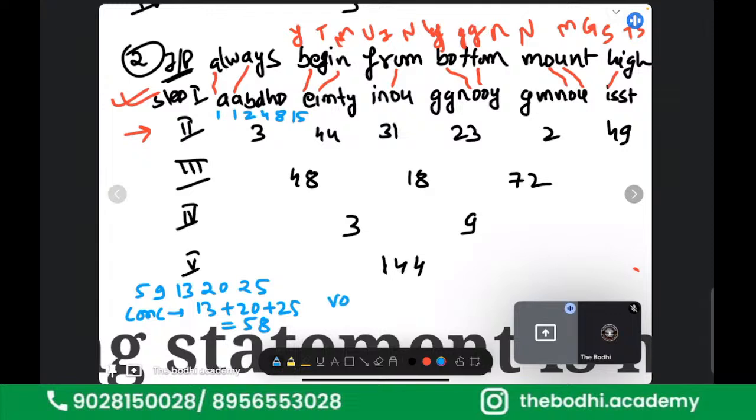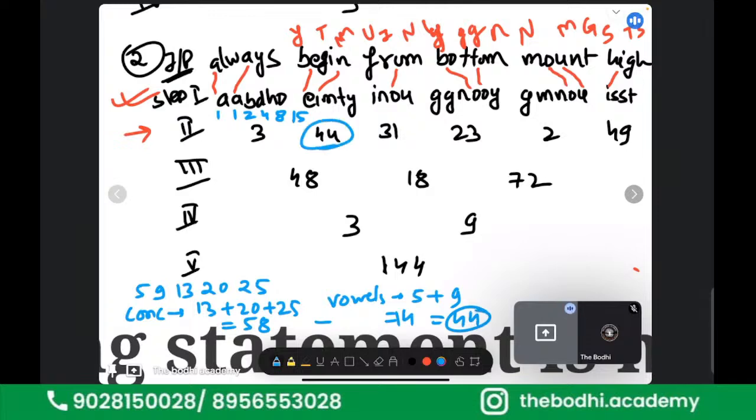Then we will check the vowels. E is 5 plus I is 9, equal to 14. Now, if we subtract 58 minus 14, it comes to 44. Is it coming? Yes, it is the 44.